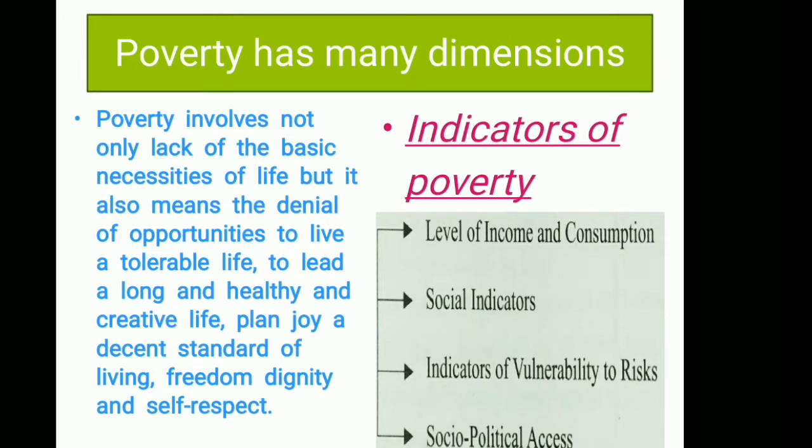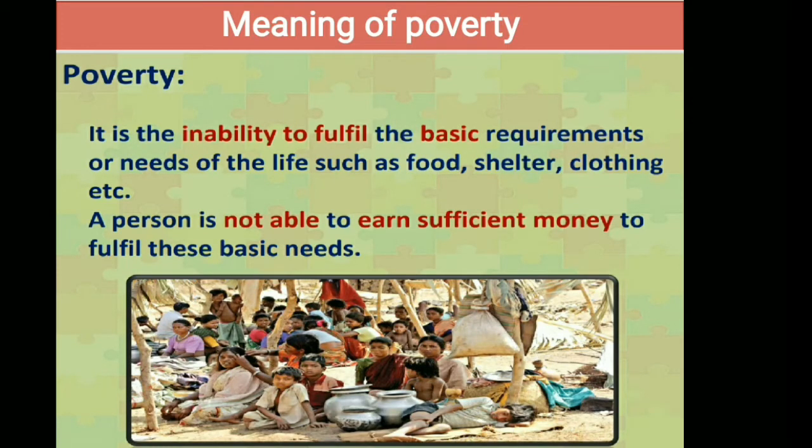That shows the total poverty scenario and their social and political access too. If these people are able to get all the social and political benefits given by the government, the person is out of the poverty scenario. If not, they are in a poor scenario. So these are the indicators of poverty.